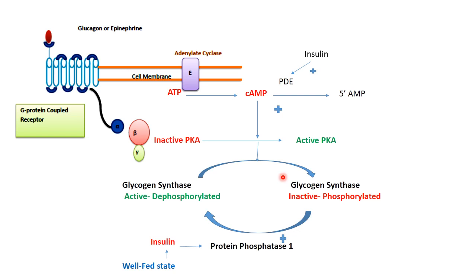Now the cyclic AMP will activate protein kinase A that will upregulate glycogen synthase kinase, and glycogen synthase will be phosphorylated and inactivated. So this is how glycogenesis is occurring in our body.